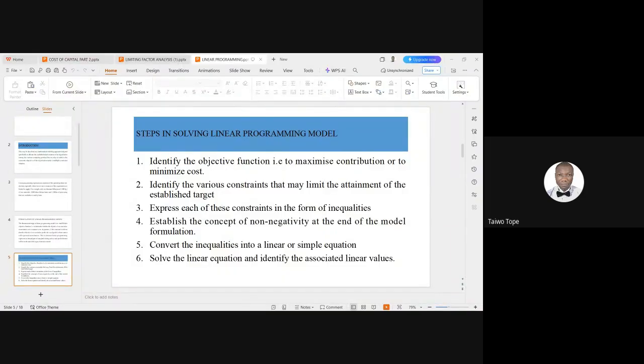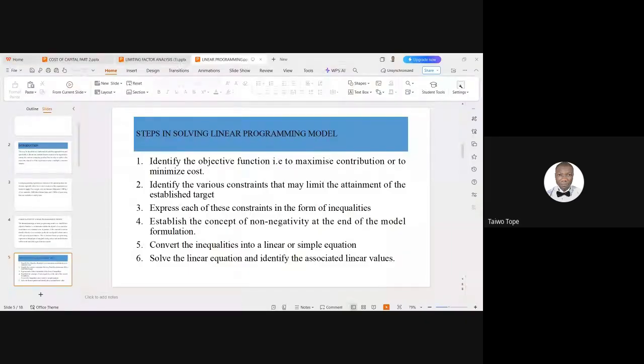Now, some questions just want you to stop at that point. They will just tell you to formulate a linear programming equation. But some questions want you to go further. When some questions want you to go further, it means you have to convert the inequality into an equal sign, into a simple equation.